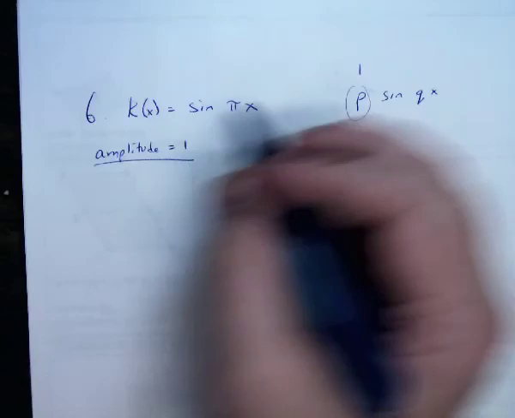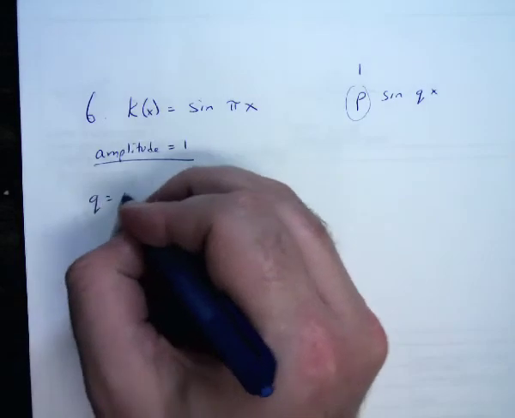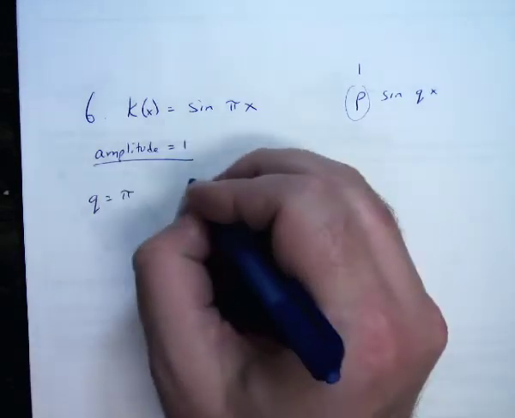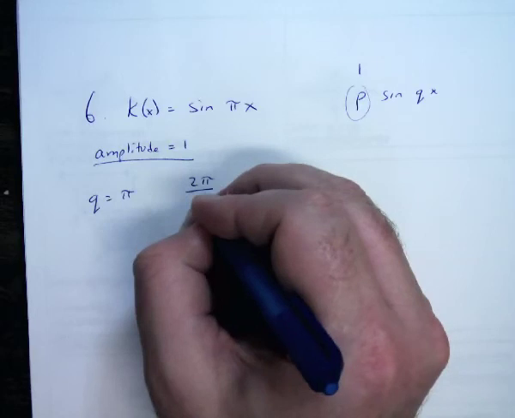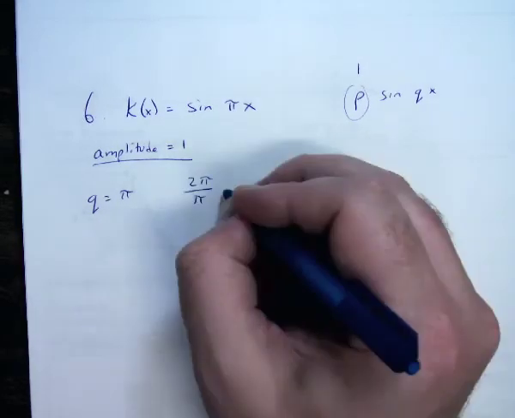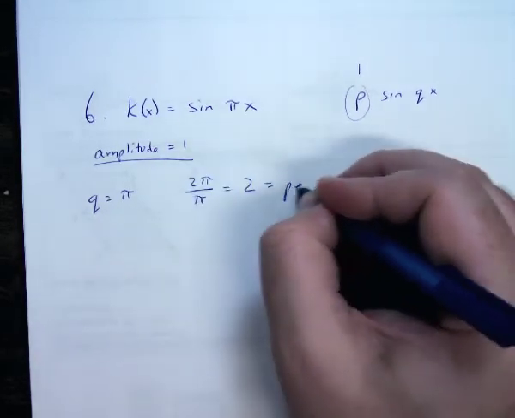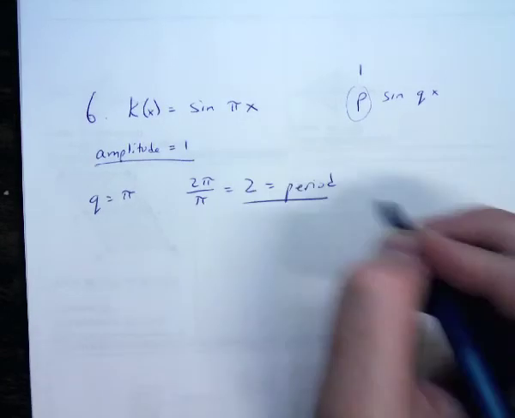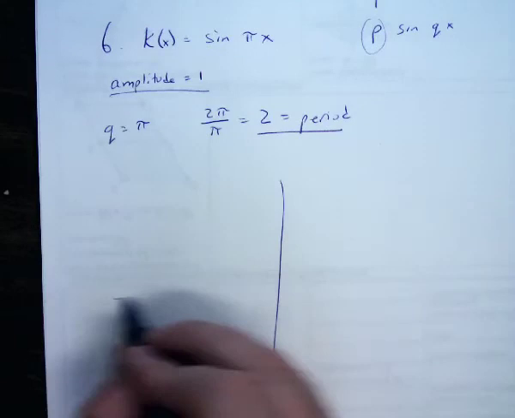Now my period, so we know q equals pi, so period is 2 pi divided by q, which is pi, equals 2. So that's my period. So that's kind of cool. So that means no pi's.